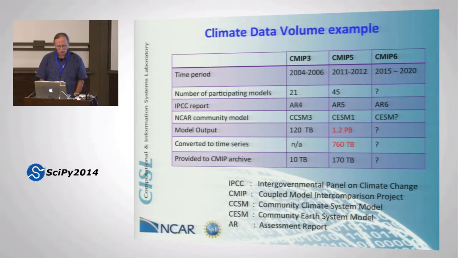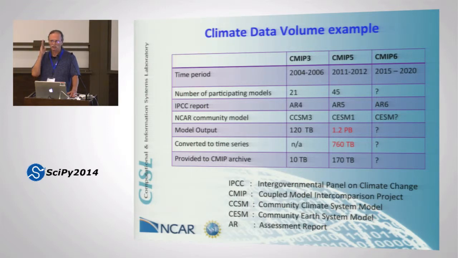For the previous CMIP project, NCAR produced about 120 terabytes of data through its CESM3 model, and about 10 terabytes was archived. For CMIP5, that increased to 1.2 petabytes of data.